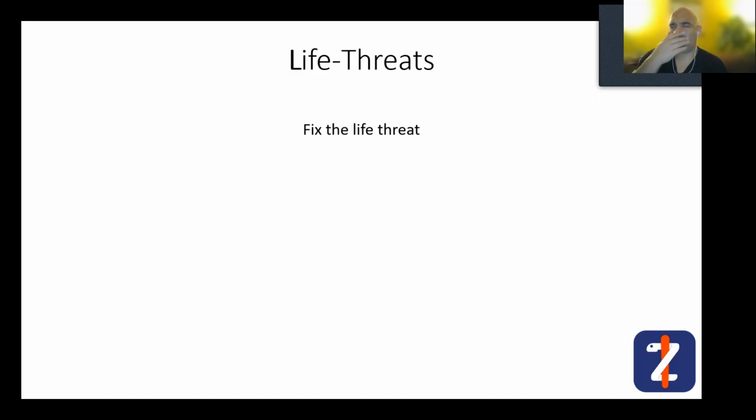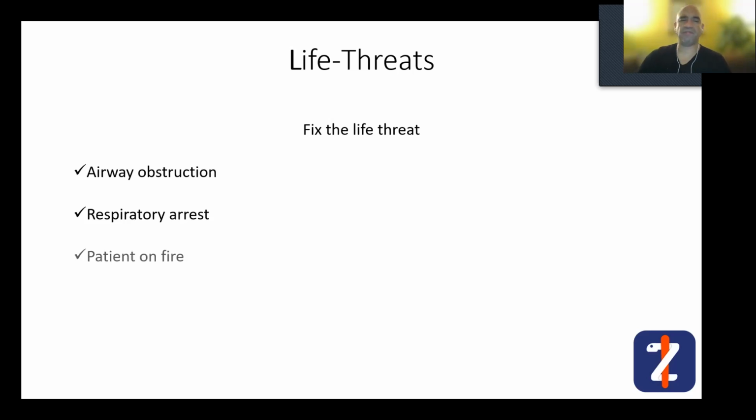So what is a life threat? Very simple. A life threat is something that we have to fix immediately. Airway obstruction, they're choking: we stop everything and do abdominal thrusts until the object comes out. Respiratory arrest, they're not breathing, so we have to breathe for them. The patient is on fire: we have to stop the burning process.